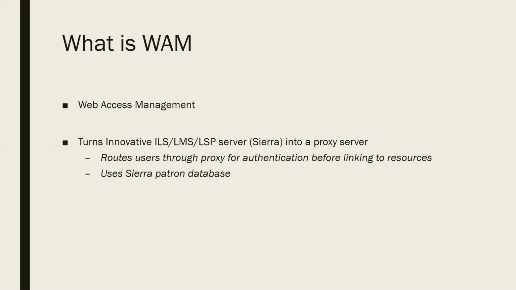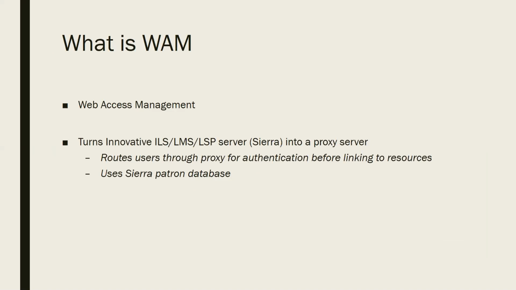But in any case, WAM is short for Web Access Management, a product that Innovative introduced quite a while ago, in the late 90s. It essentially turns your Innovative ILS or LMS or LSP, whatever you want to call it, your Innovative server, for us now it's a Sierra server, into a proxy server.